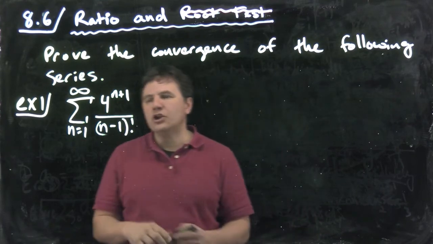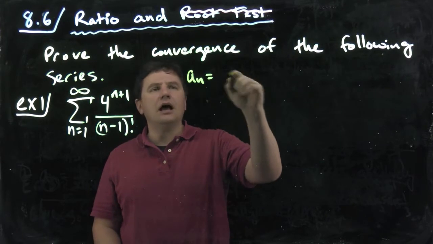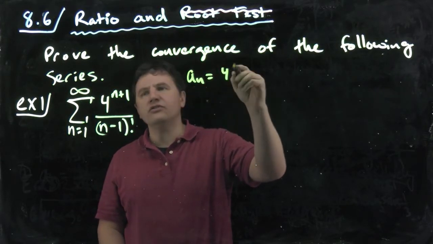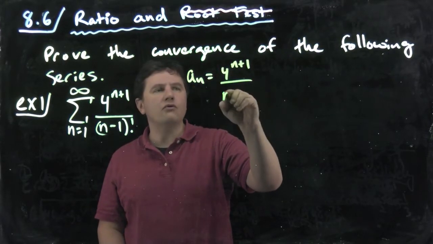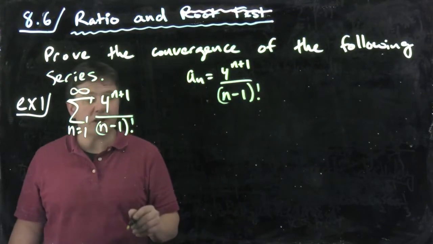Okay, so what I'm going to do here is, first of all, I think it's a good idea to label these. So I'm going to label it a sub n, which is equal to 4 to the n plus 1 over n minus 1 factorial. And the reason why is you have to clearly show this as a ratio.